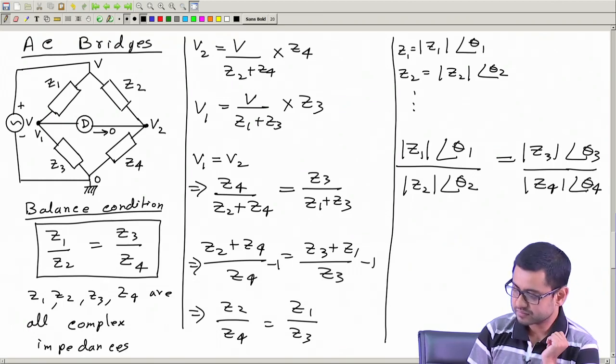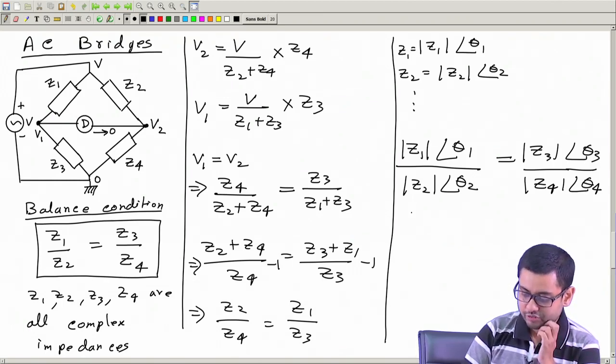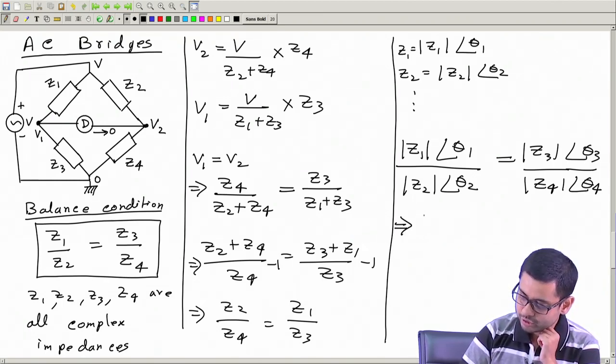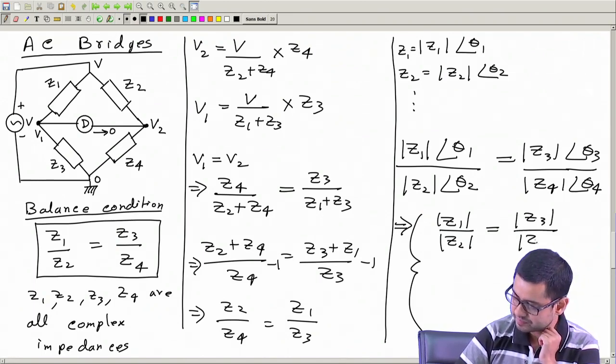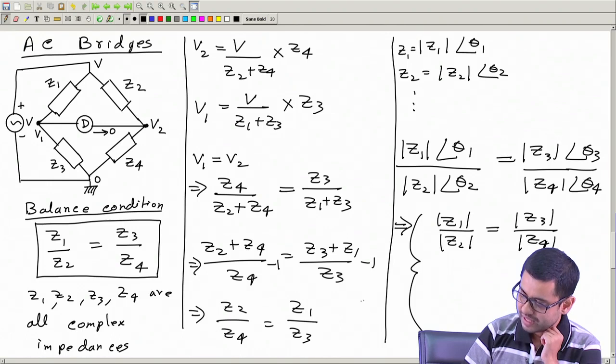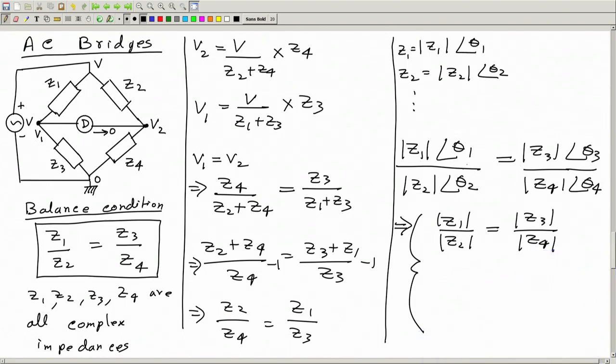okay. So, from this we can write two conditions. One, the magnitude of the left hand side is the same as the magnitude of the right hand side, and the angle of the left hand side we can write as theta 1 minus theta 2, because this is a ratio.